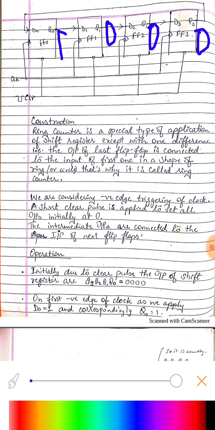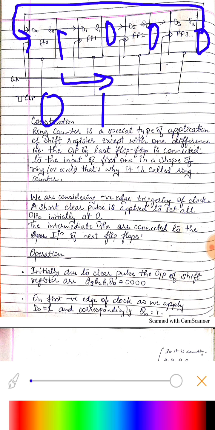Now, as it is a shift register whose last output is fed to the input of the first flip-flop, at the next edge what would happen? This 1 would transition to the second flip-flop, so it will become 0 1 0 0.